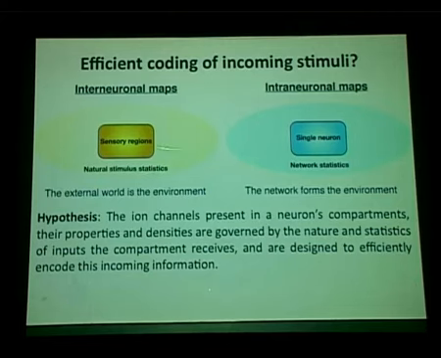Right? So on the other hand, if you look at the intraneuronal maps, where you're looking at different locations along the same neuron, you have the network statistics, say for instance, the hippocampus receives theta frequency inputs. At different parts of it, you get different inputs coming from different locations. So the network statistics is what is going to be important.